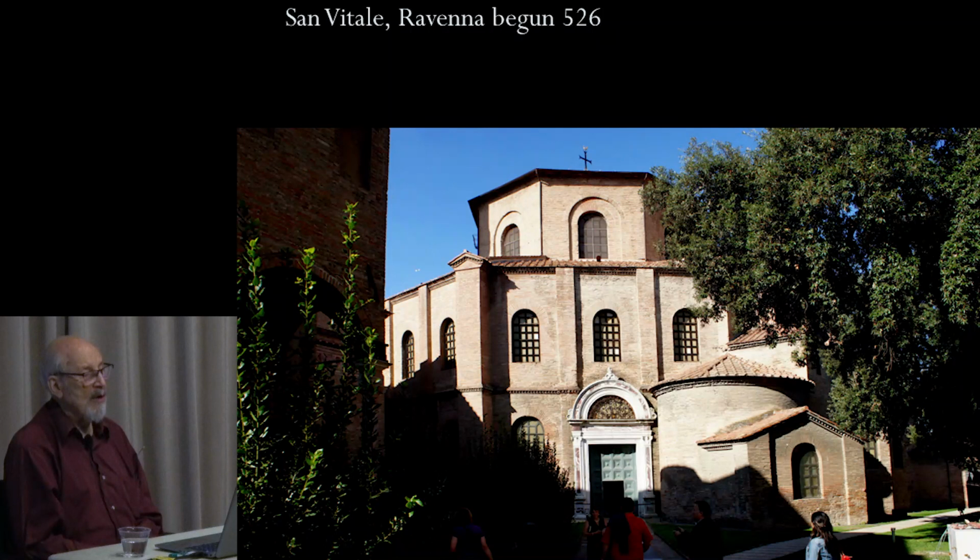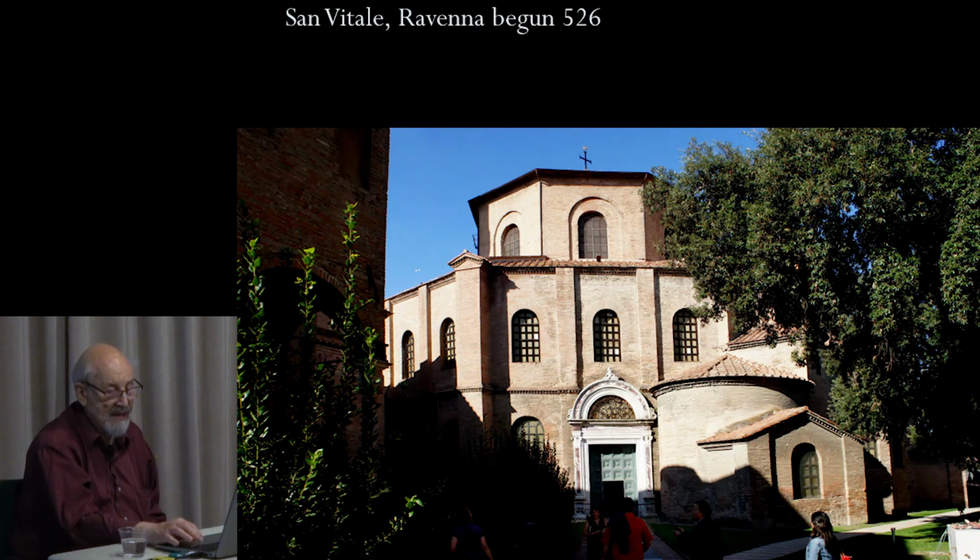So now we're going to Ravenna, which became the capital of the Western Empire in the 5th century. The Church of San Vitale was a local saint, and they did him proud with this amazing design.